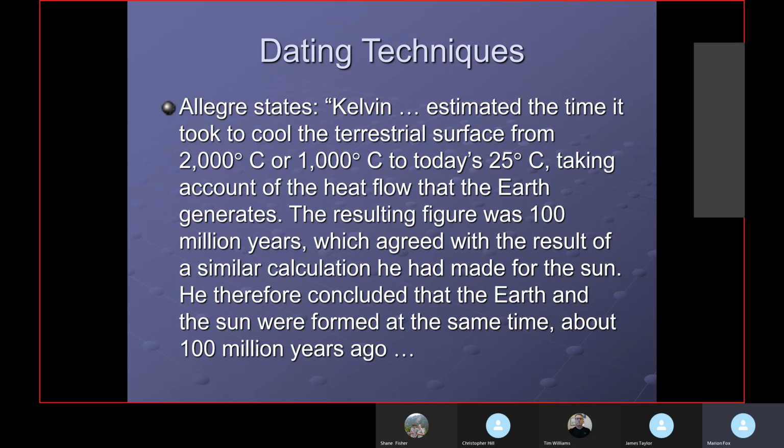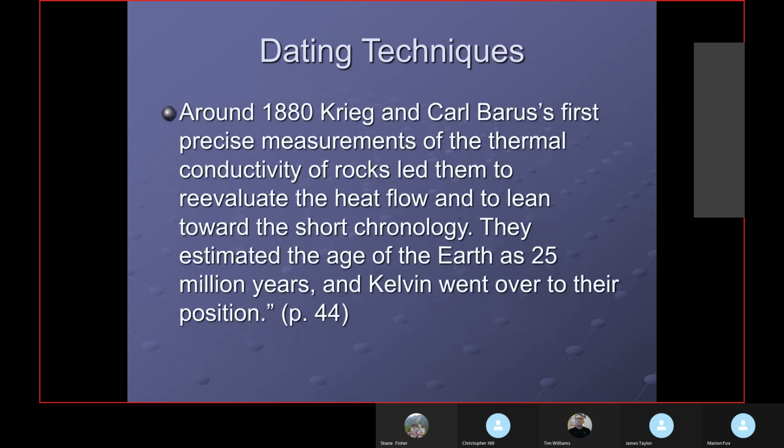So he came up with, if it started out as molten rock, then it would have taken 100 million years to cool off to the rate that it has now, which agreed with the result of a similar calculation he had made for the sun. He therefore concluded the Earth and the sun were formed at the same time, about 100 million years ago. Now again, he's making the assumption it began as molten rock and that the sun began that way.